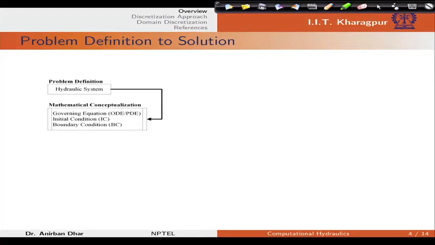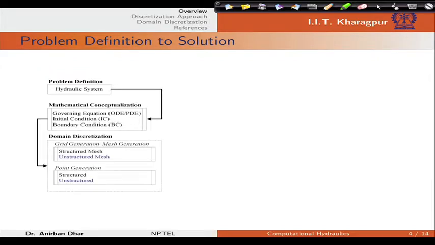So, with that definition we can proceed and divide the solution domain, spatial domain and temporal domain, into parts, but domain discretization mainly considers the discretization of the spatial domain. So, within that spatial domain we can generate grid or generate points.